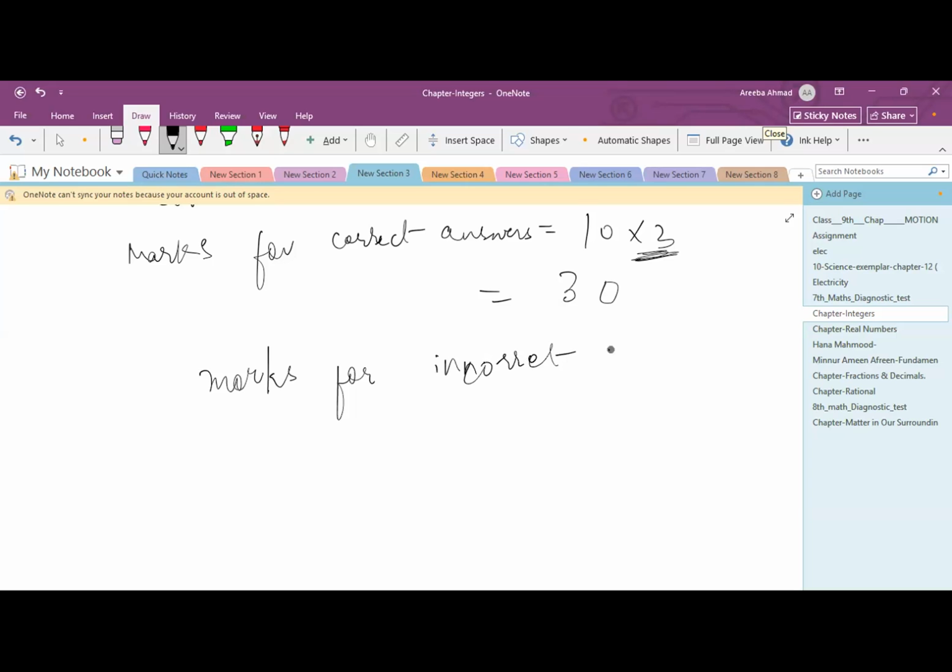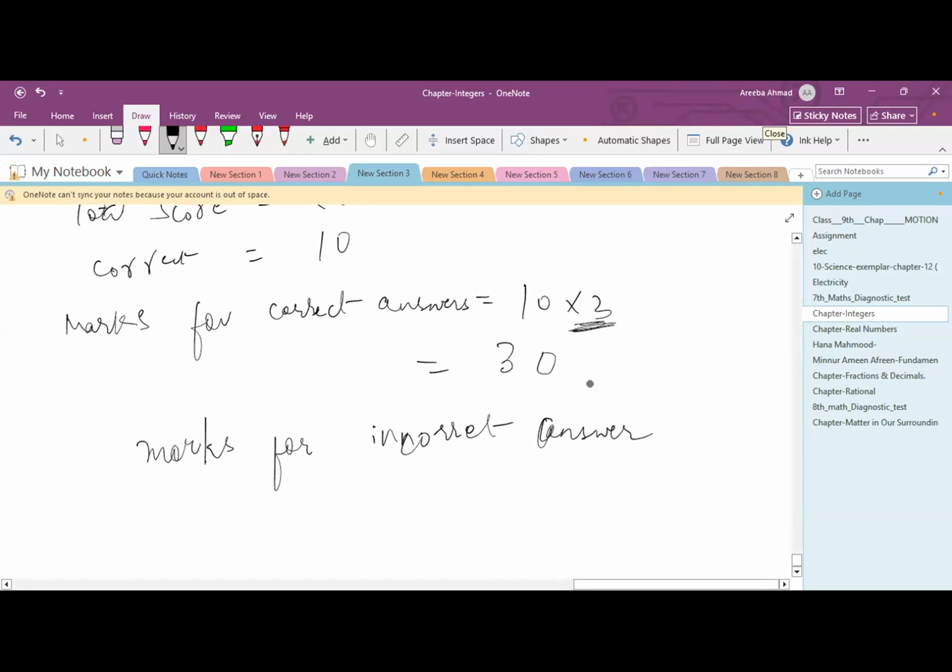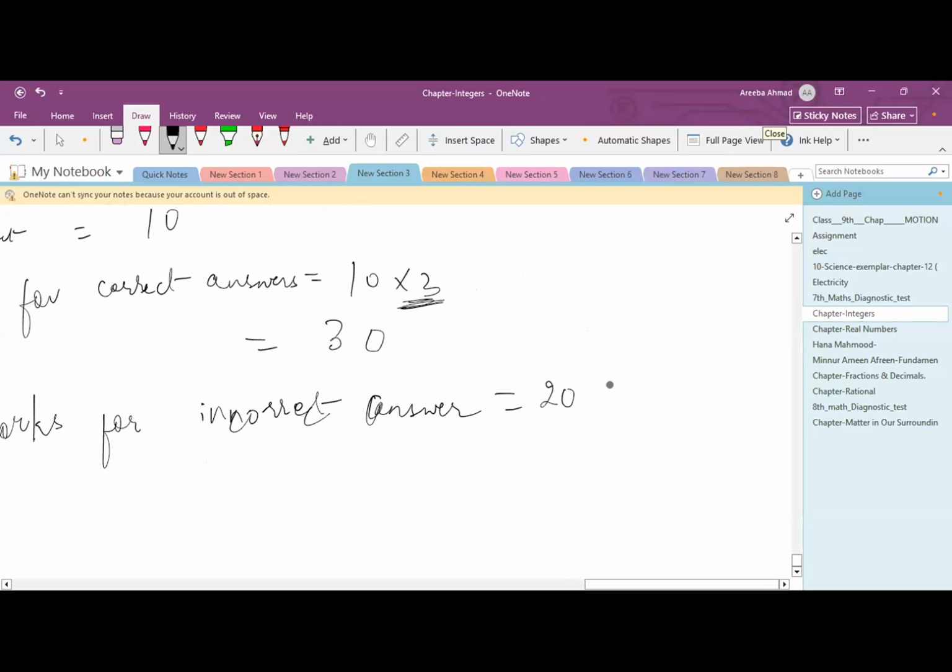Write it. Marks for incorrect answer is equal to how much? 20 minus 30, minus 10.